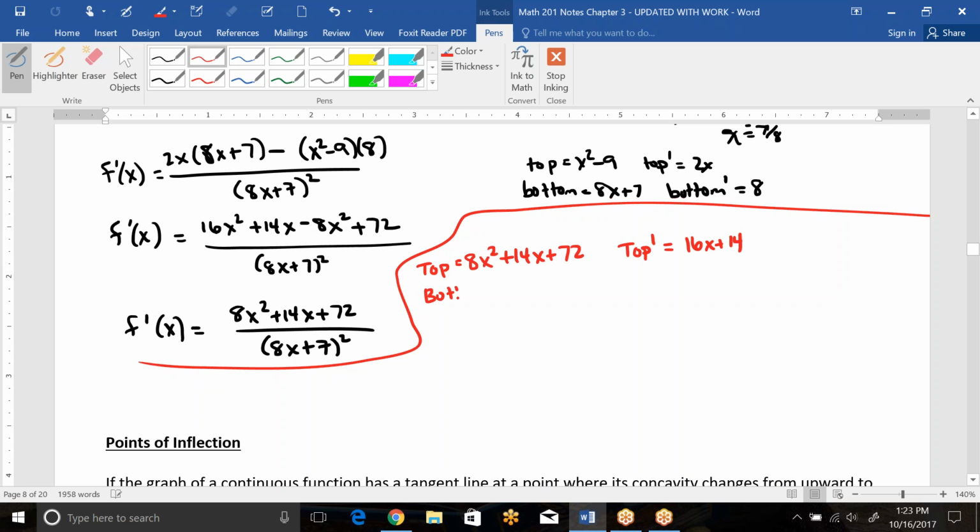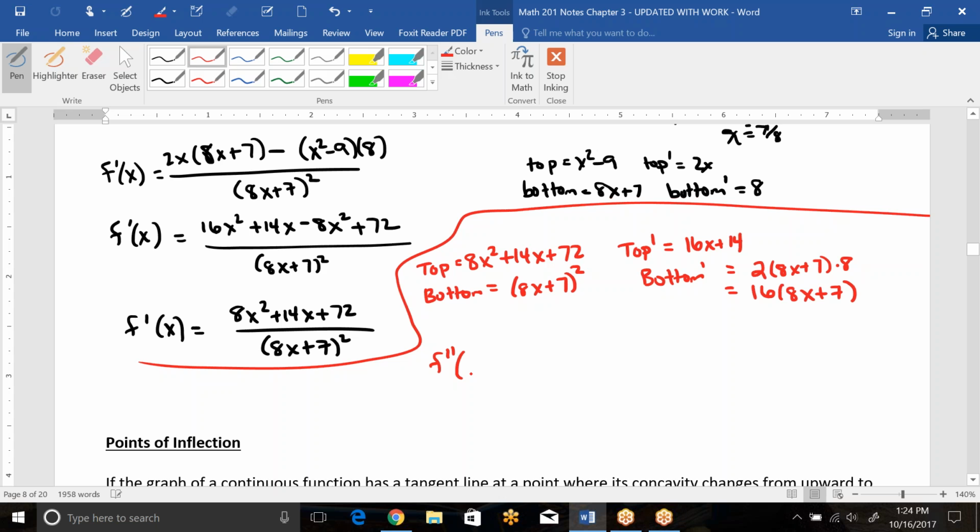The bottom is 8x plus 7 squared. The bottom prime would then be a chain rule. Pull the 2 to the front, you have 8x plus 7 to the first now, times the 8, or just 16 times 8x plus 7. Now I'm going to leave that unfactored for just now so that we can write this out.